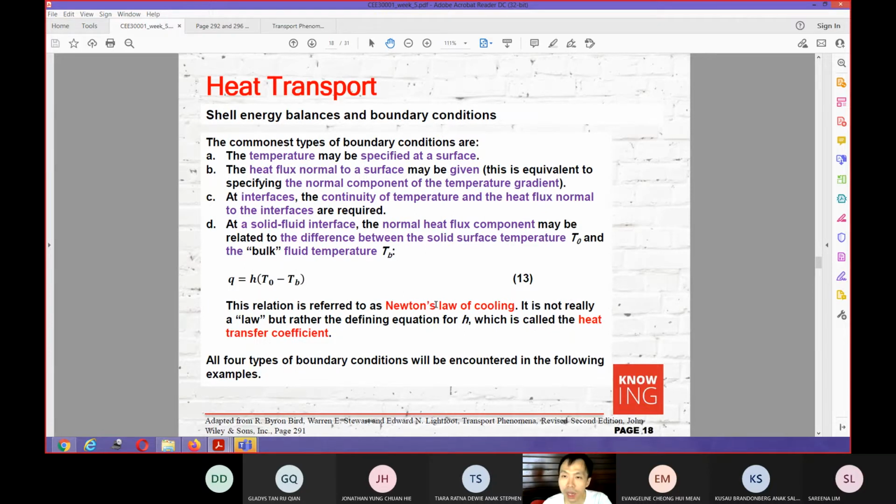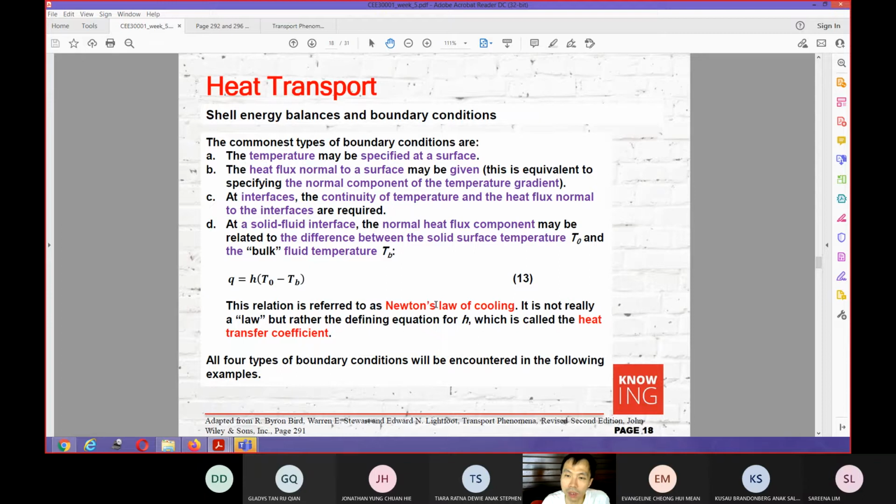The most common type of boundary condition is that the temperature may be specified at the surface. The heat flux normal to a surface may also be given. Or at the interface, you must have continuity of the temperature and the heat flux.